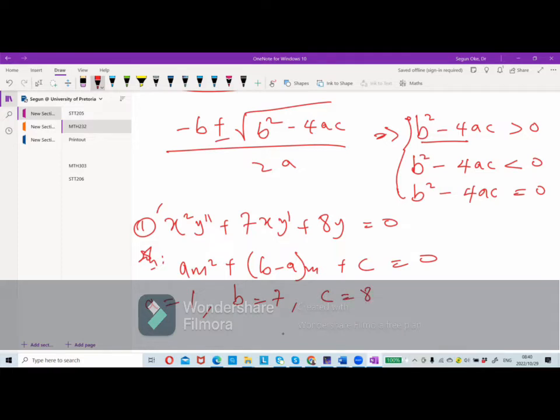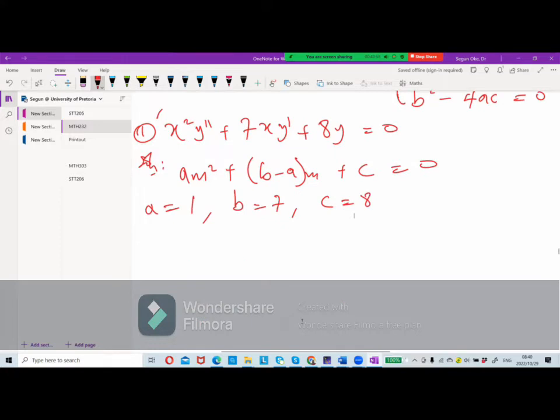I hope every one of us is together now. It's as if we are solving a quadratic equation, but we want to represent it now. Now that we know that A is 1, we have m squared plus, what is B? 7 minus A, 1, m plus 8 equals 0.